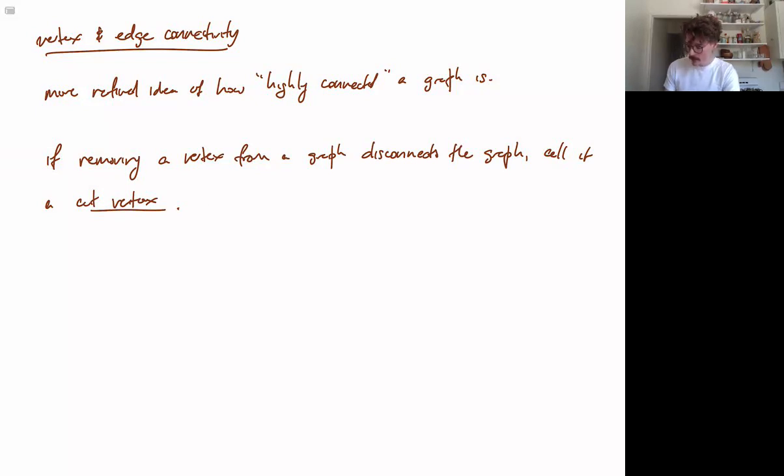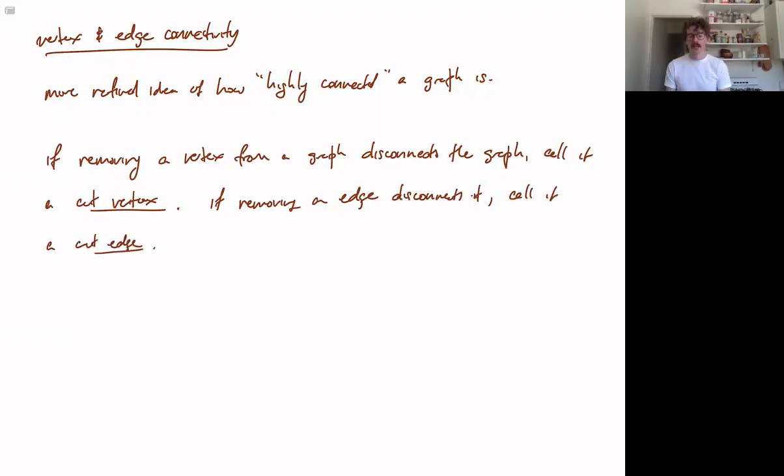And similarly, if removing an edge disconnects the graph, call it a cut edge. Same reason. We can cut the graph in half by cutting at that edge.